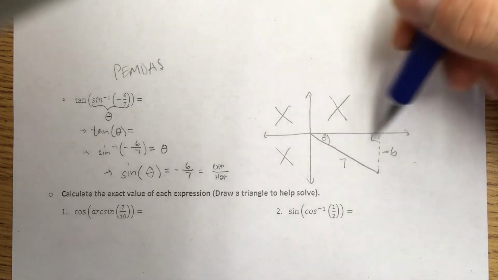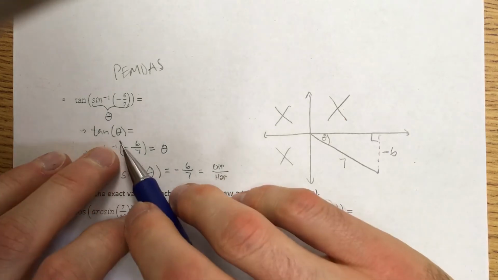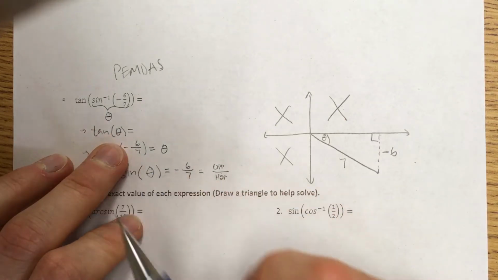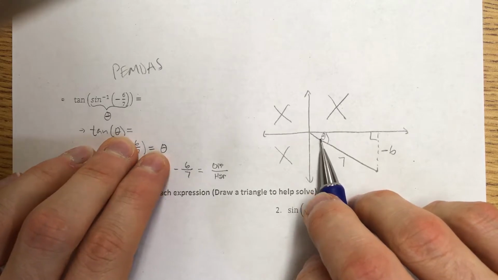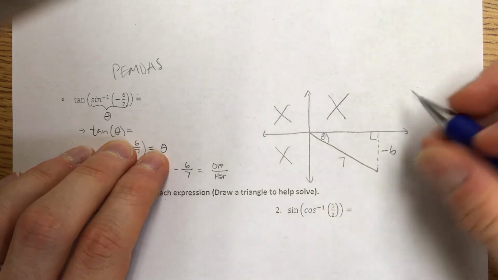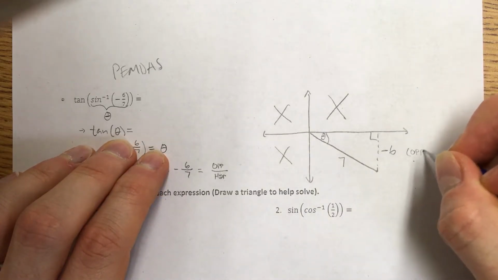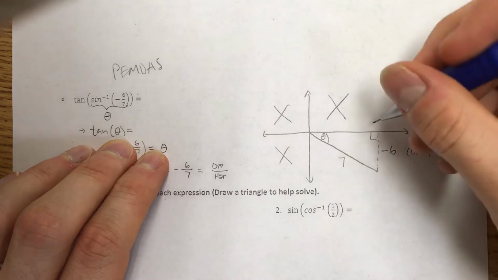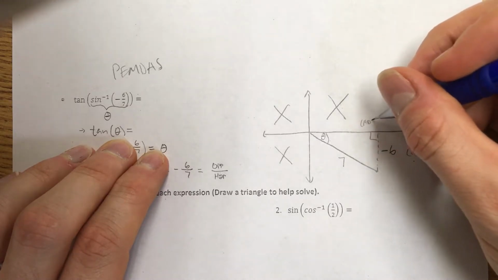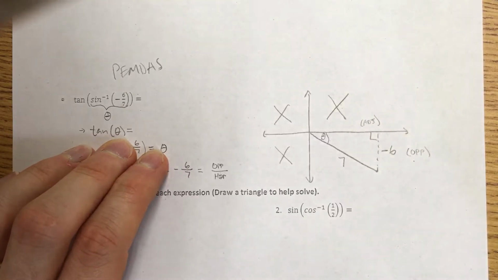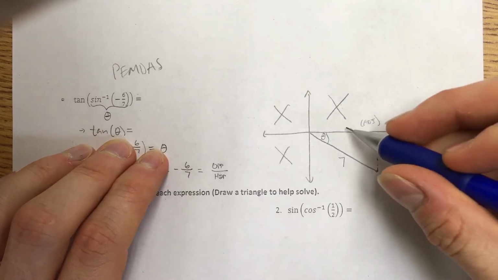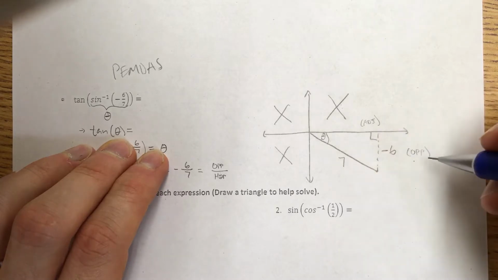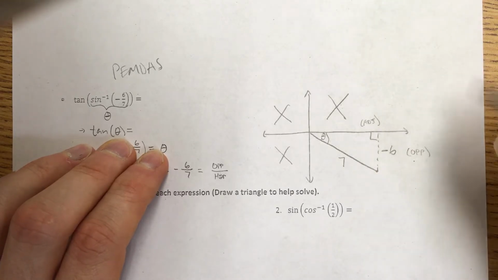So we have theta, we have our opposite, we have our hypotenuse, and we want to find tangent of theta. So we're getting closer. Now we know tangent is opposite over adjacent, and our adjacent side is here. So we actually need to use Pythagorean's theorem so that we can solve for the adjacent side so that we could do opposite over adjacent.